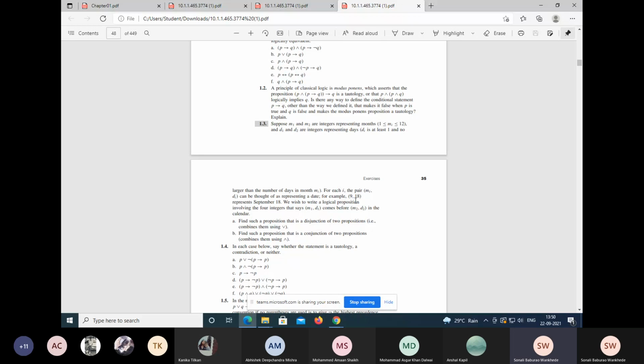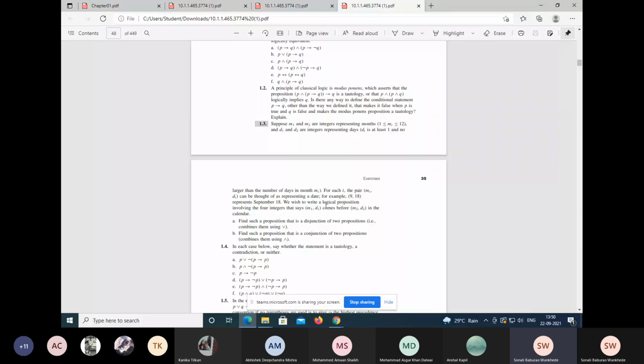And you can take question 1.3. Suppose M1 and M2 are integers representing the months, 1 is less than or equal to Mi is less than or equal to 12, and D1 and D2 are integers representing days. So for each i, the pair Mi, Di can be thought of as representing a date, for example 9, 18.